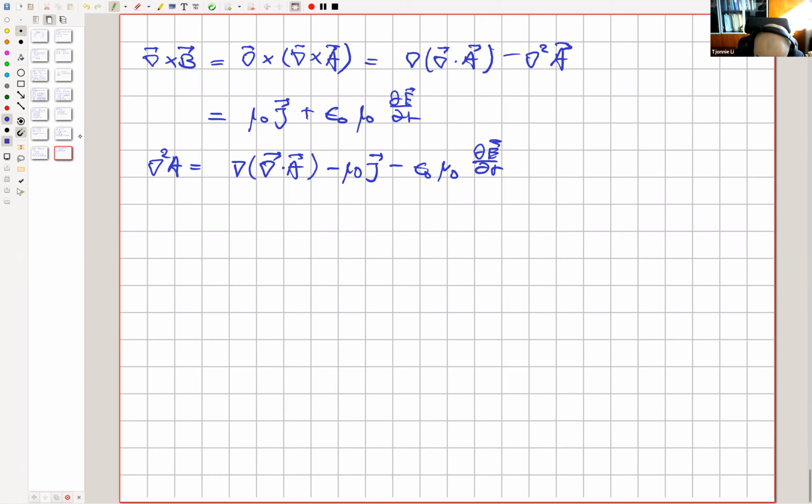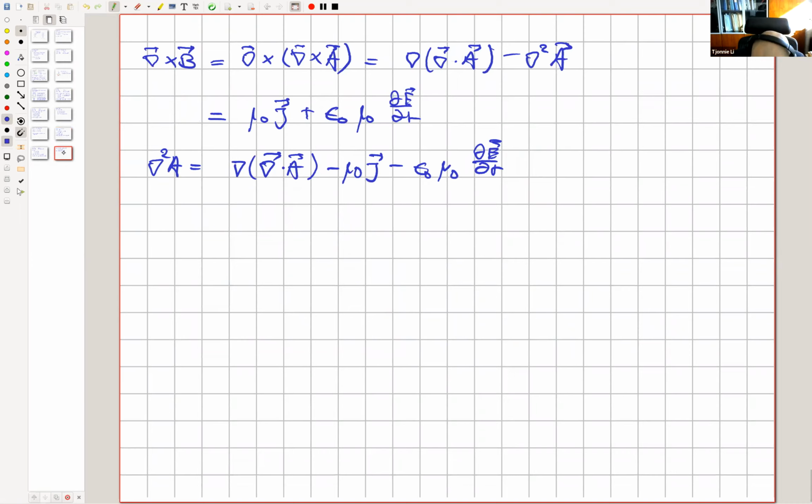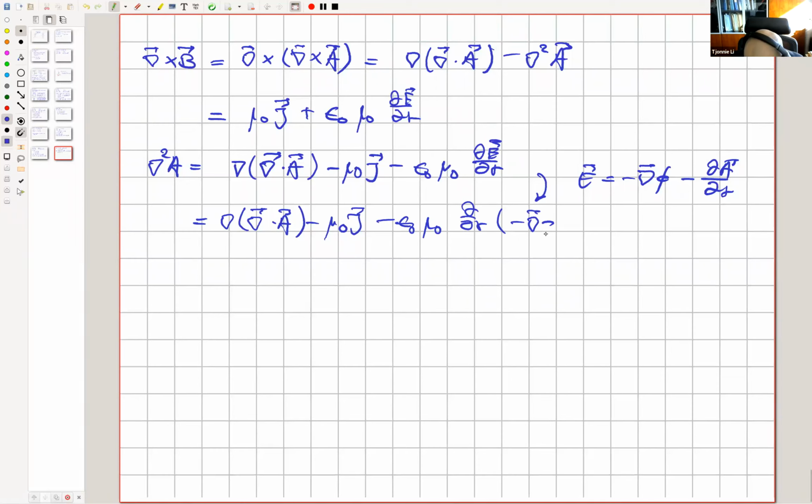And again, here we can use the result that we've seen before, that the E can be written as the negative gradient of phi minus the time derivative of A. So we write this one down, partial A partial t, in such a way that now we can write gradient of the divergence of A minus mu naught J minus epsilon naught mu naught times the time derivative of the negative of the gradient of phi minus partial A partial t.